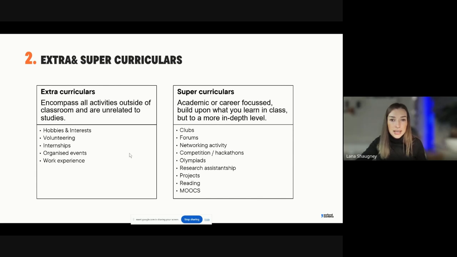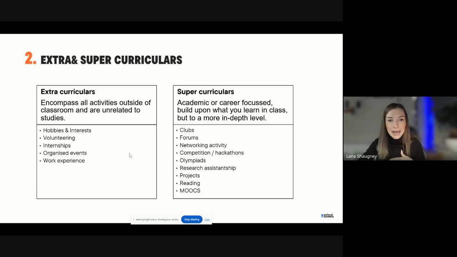Supercurricular activity is pretty much everything that you do on top of your school. These are two different things, extra and supercurricular. Extracurricular is basically about activities outside of the classroom. This could be hobbies, your interests, volunteering, internships, different events, and work experiences. Supercurricular is also outside of your curricula, but it's related.